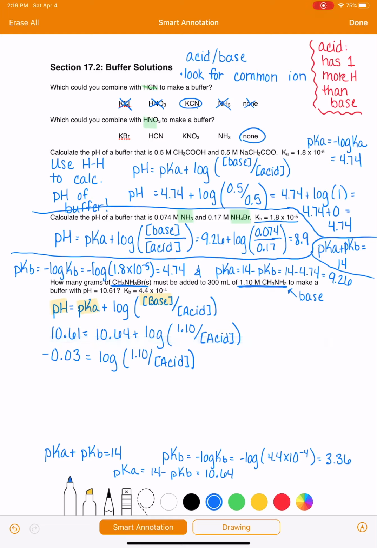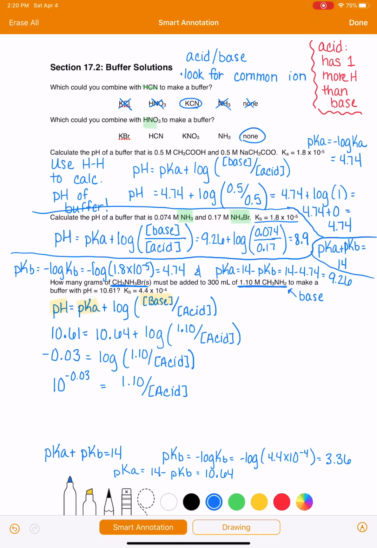And then what I have to do is get rid of the log. So I have to do the anti-log, which is raising both sides, 10 to the both sides. I'm definitely not a mathematician. I do not know the right way to phrase that. 10 to the negative 0.03 is equal to 1.10 divided by the concentration of the acid.